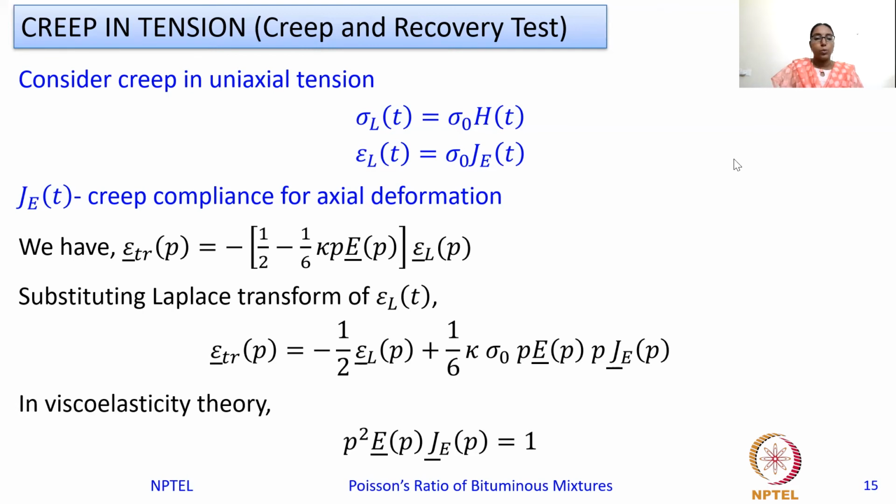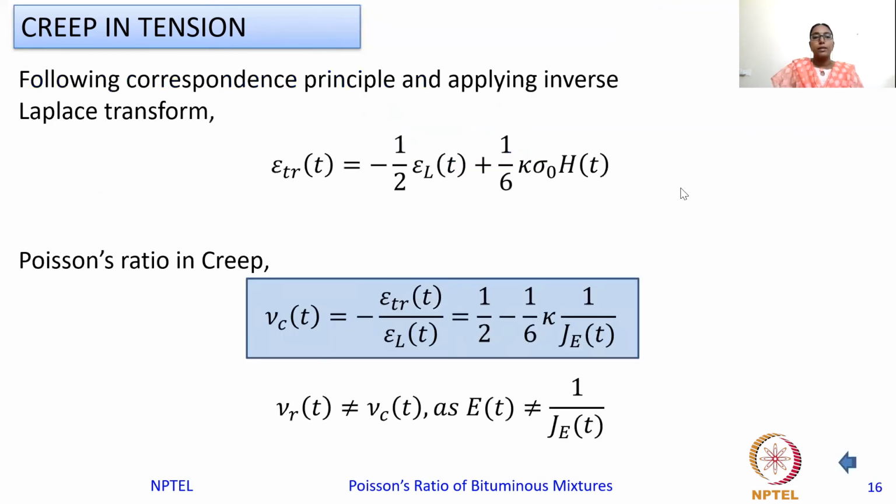Now substituting 1 here and applying the correspondence principle and the inverse Laplace transform, your transverse strain becomes minus half epsilon LT plus 1 by 6 kappa sigma 0 HT. So this is the relation that you get after converting it to the time domain.